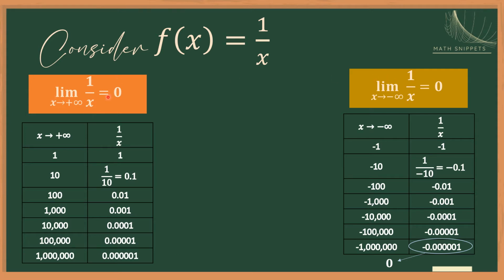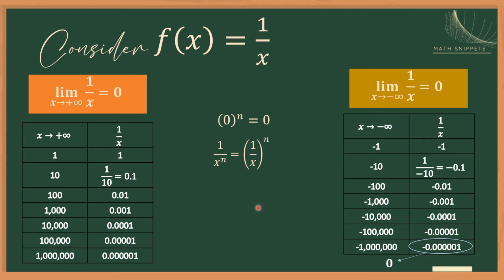Now, observe that when you raise 0 to an integer n, 0 raised to n is always 0. And by properties of exponents, 1 over x raised to n can be written as 1 over x, and then the whole fraction is raised to n.